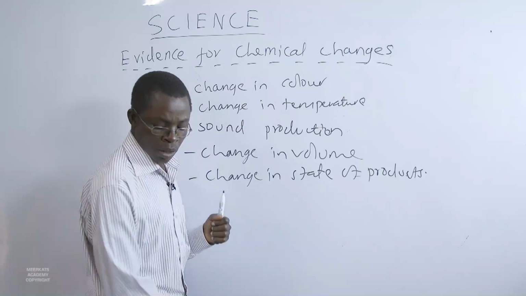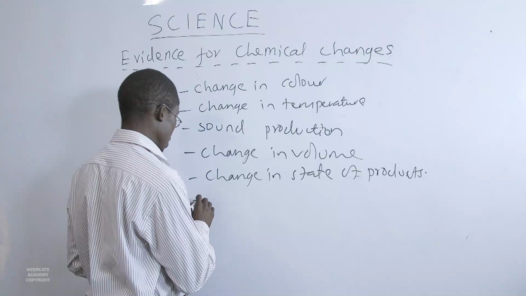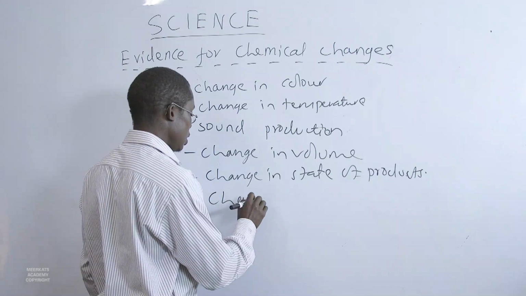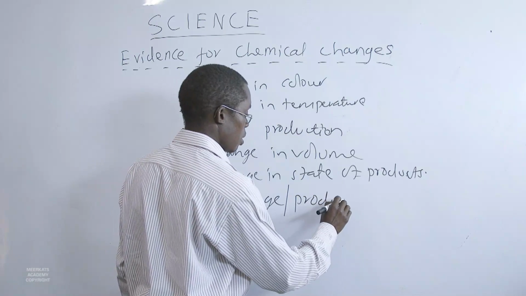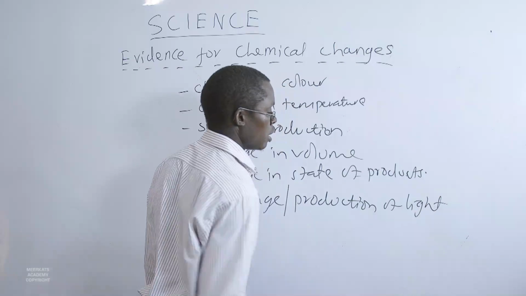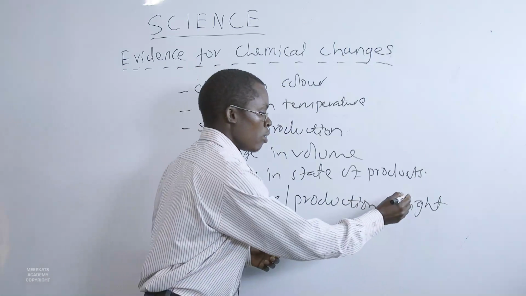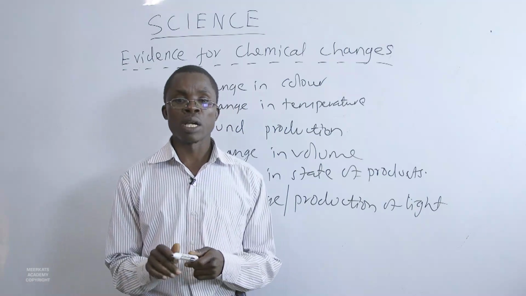Now another aspect we can use to show that a chemical reaction has taken place is change, or we can say production, of light.